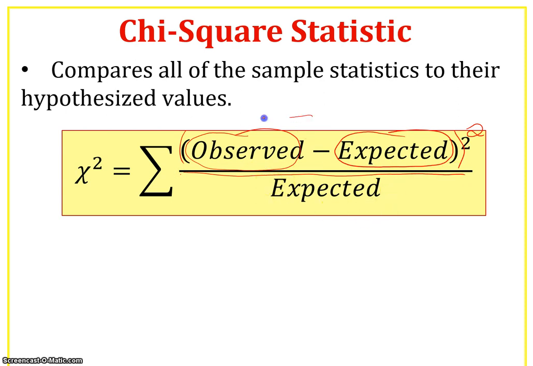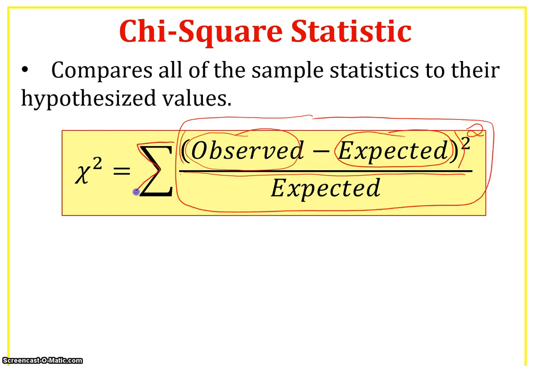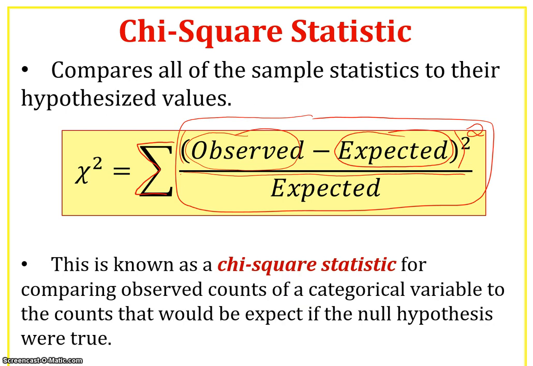Once we do this entire piece for each of the categories, the sigma notation here is telling us to add them all up, and that's going to give us our test statistic. And again, this is known as a chi-square test statistic. It's used for comparing the observed counts of a categorical variable to the counts that we'd expect to see if the null hypothesis were in fact true.